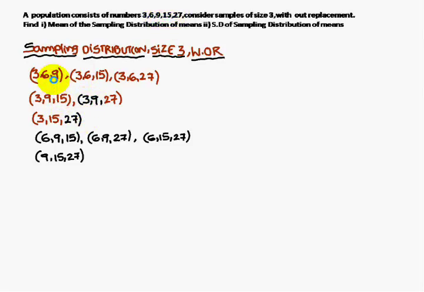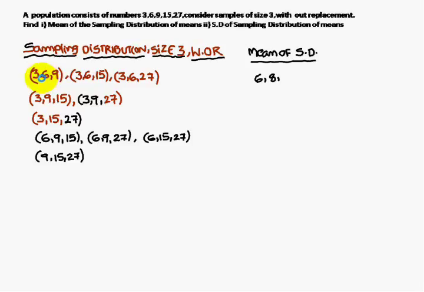So in total how many groups are there? 1, 2, 3, 4, 5, 6, 7, 8, 9, 10. Now we have to find the sampling distribution of means. For each group you find the average or mean.